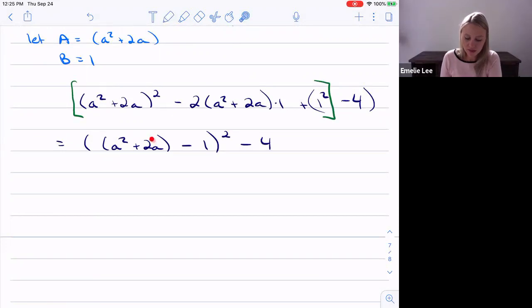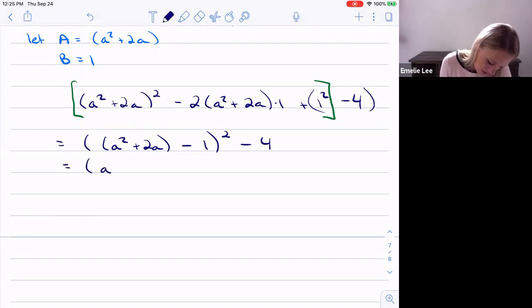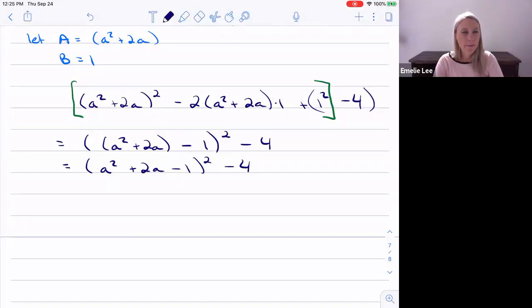I can simplify this a little bit because I'm adding and subtracting in here. I don't need these brackets. So then I have a squared plus 2a minus 1 squared minus 4. A little bit tricky. So we can label both of the a's the same.